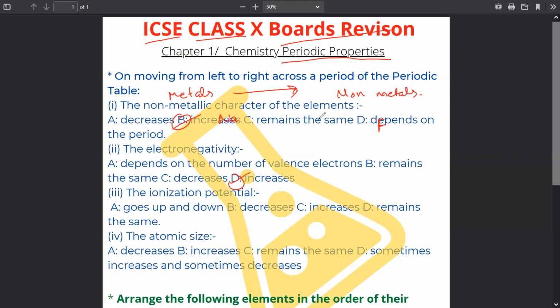So when we move from left to right, electronegativity increases. The correct answer will be D, increases.